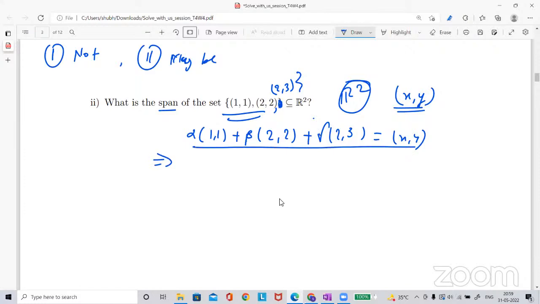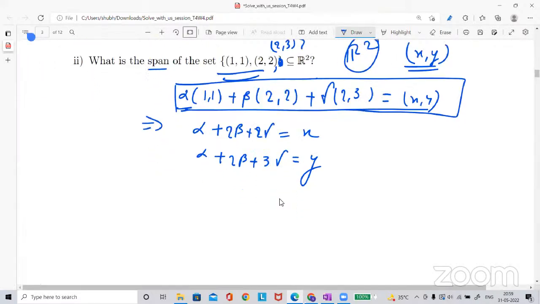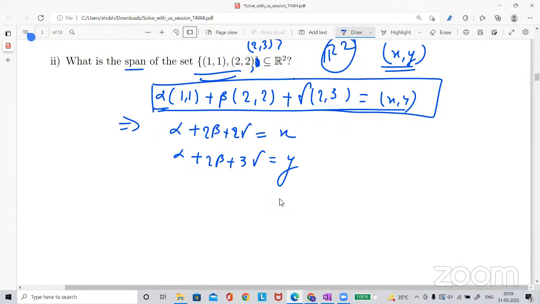Now you have this equation. It will form a system of linear equations: alpha plus 2 beta plus 2 gamma is equal to x, and alpha plus 2 beta plus 3 gamma is equal to y. Coordinate-wise, this gives two equations, a system where we are trying to find alpha, beta, and gamma.